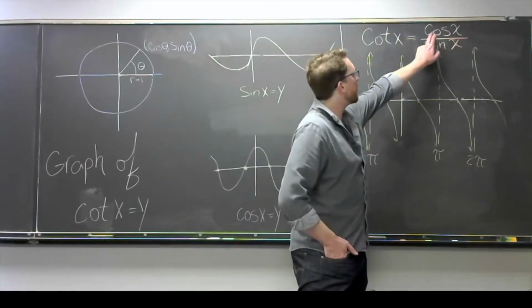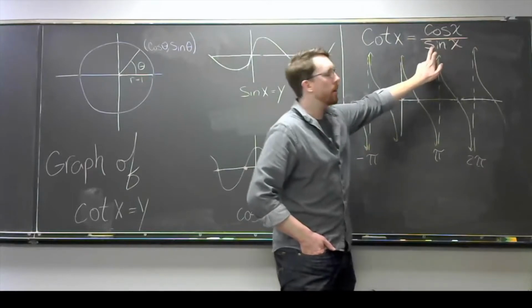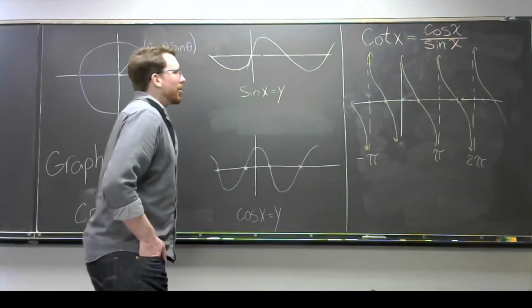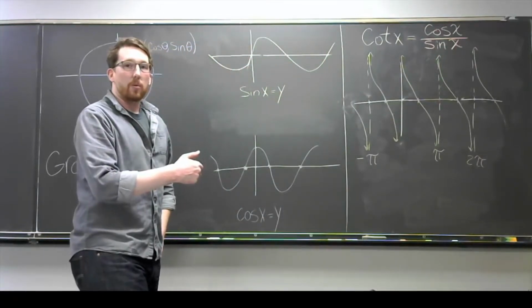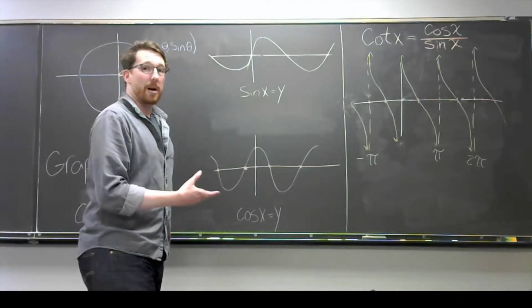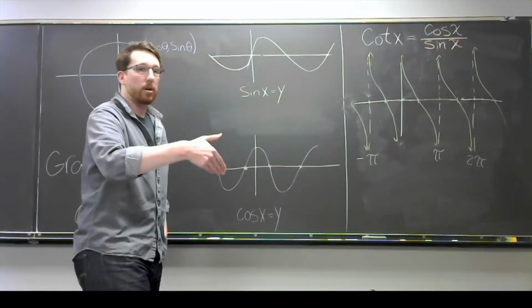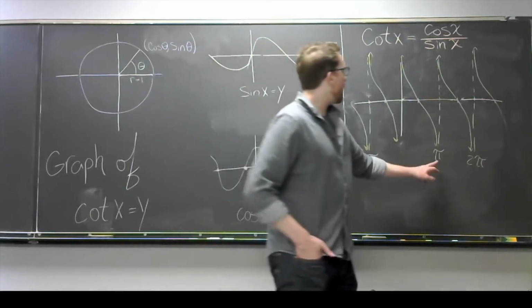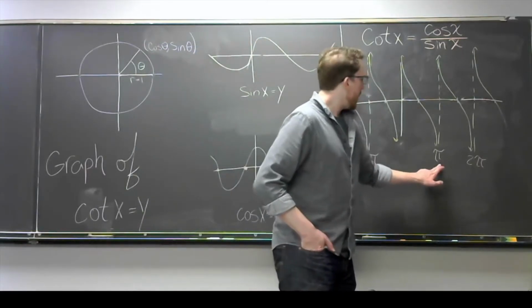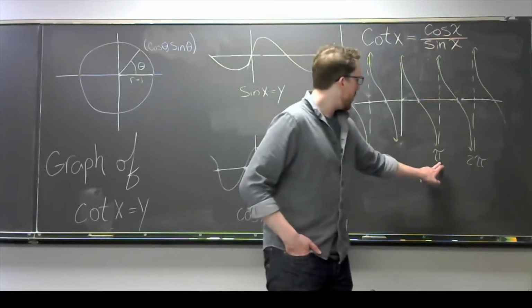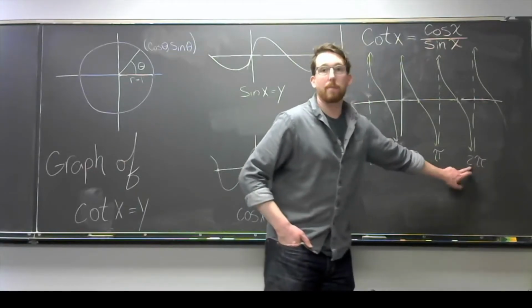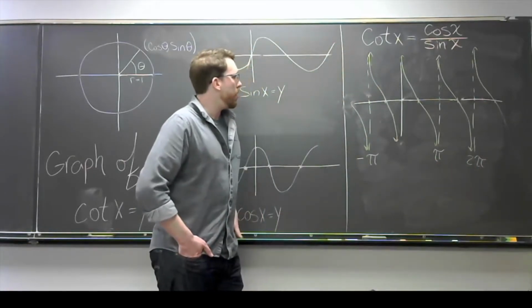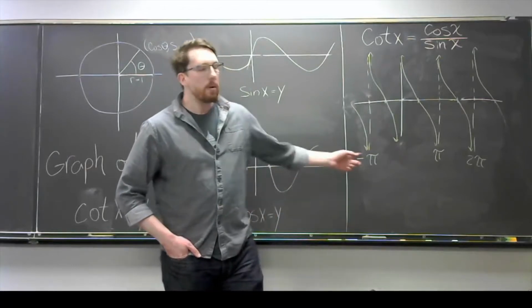Cotangent, we already know, is equal to cosine over sine. Well, just like with tangent, we had those zeros that we couldn't divide by, and they created asymptotes. We have the same thing happen for cotangent. And notice they happen at every multiple of pi. Okay, well that makes sense, right?